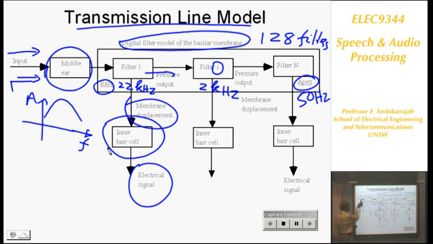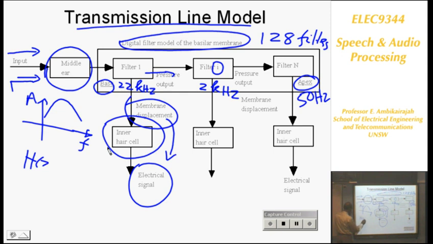So a pressure is converted into displacement. Now displacement is converted into voltage. That's what actually happens in the inner ear. So cascaded filters are what you need. They are all second order resonant filters. You know what a second order filter is.